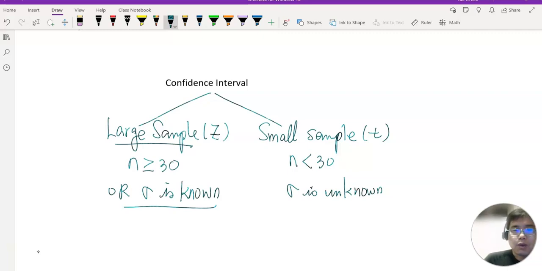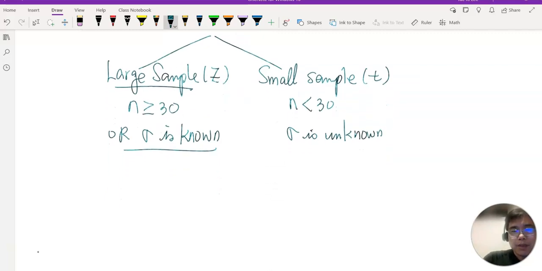Then what's the reason to find out confidence interval? Let's briefly talk about that. As data, we always have a sample mean, and sometimes we have a sigma or S. Sigma means population standard deviation, S means sample standard deviation, right?